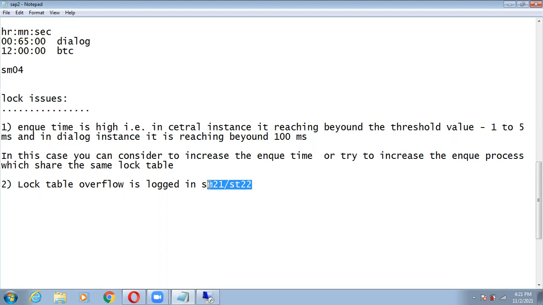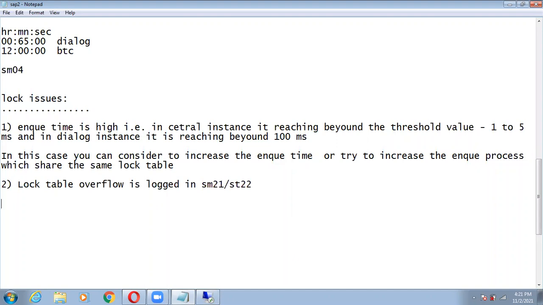These are the two T codes: SM21 and ST22. You need to monitor the lock table carefully, otherwise it will overflow. This is the one the user complained about, the lock issues.